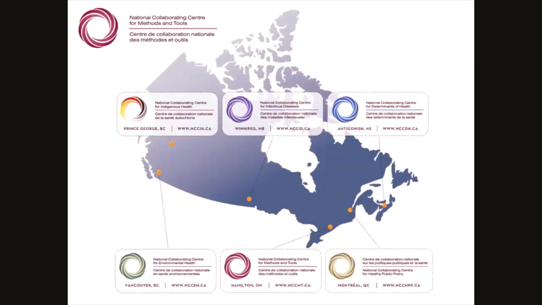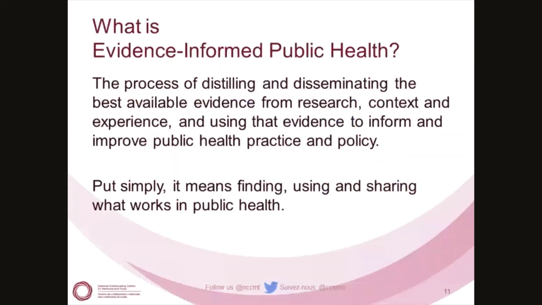The National Collaborating Center for Methods and Tools at McMaster University in Hamilton. The NCCDH, Determinants of Health, is at St. Francis Xavier in Antigonish, Nova Scotia, and the National Collaborating Center for Healthy Public Policy is in Montreal.